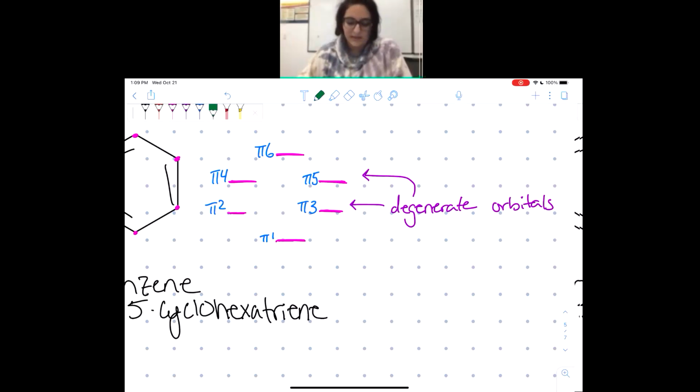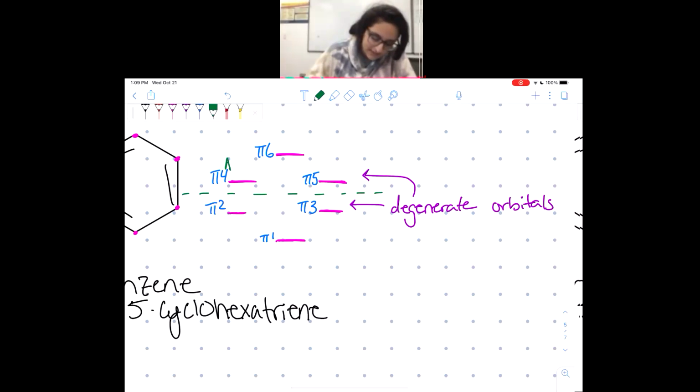And so kind of what I mean by that is we're going to split this in half. So I'm going to do a dotted line here, right? Because we have 2 energy levels on the bottom, 2 energy levels on the top. So pi 1, 2, and 3 are all going to be bonding, and pi 4, 5, and 6 are all going to be anti-bonding.